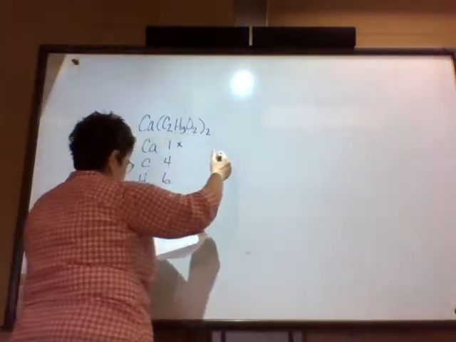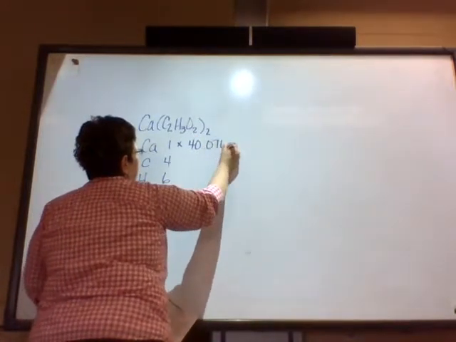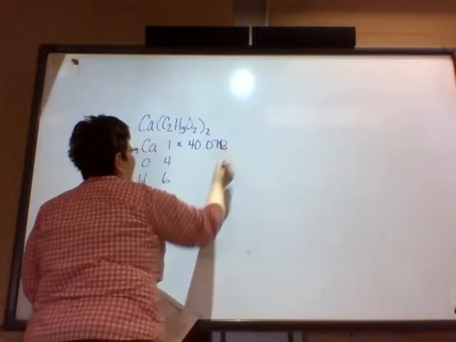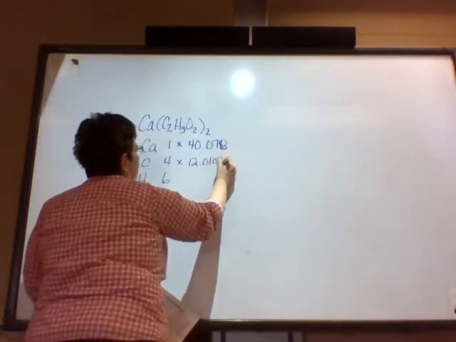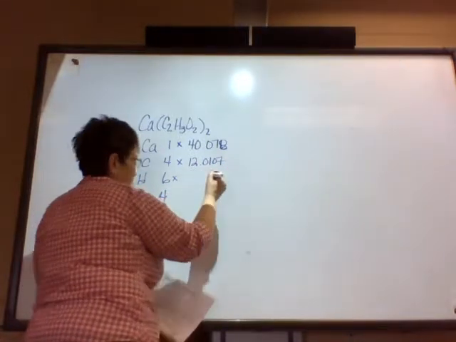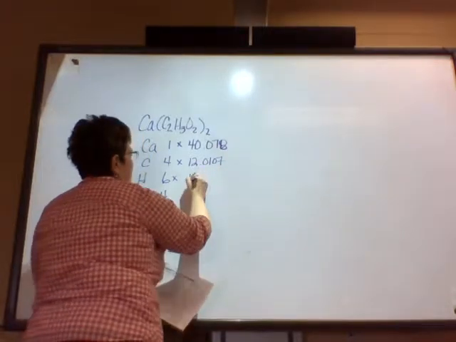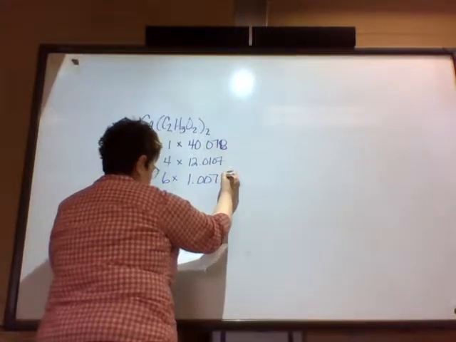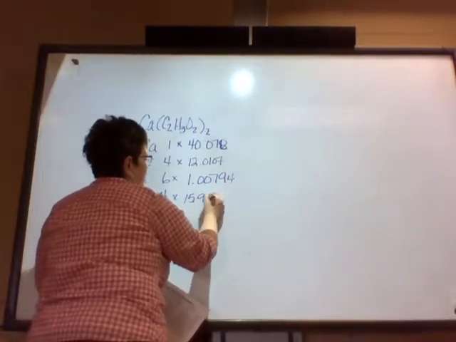Calcium is 40.078. Carbon is 12.0107. Hydrogen is 1.00794. And oxygen, of course, is 15.9994.